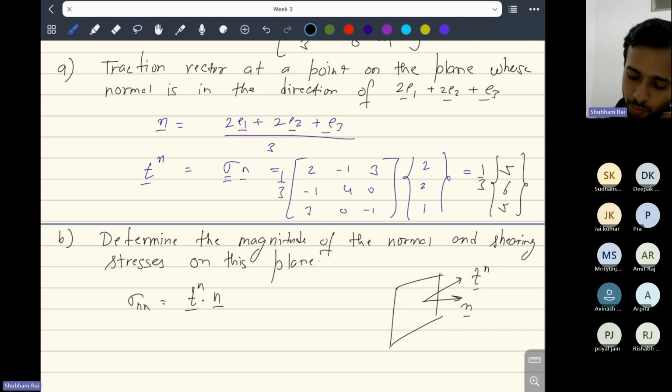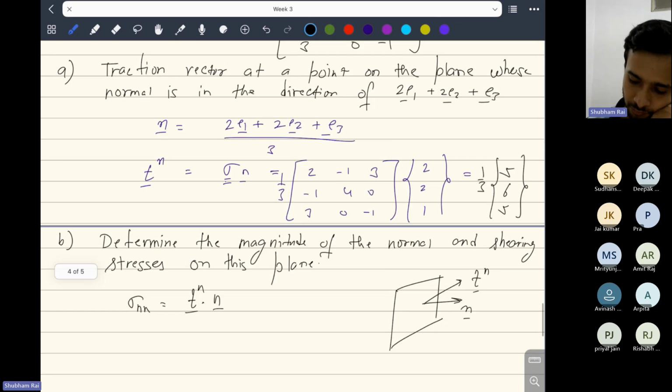Right? If you do the dot product, how much value will you get? So 1 by 3 and 1 by 3 will be 1 by 9, and this will be 5 times 2 is 10, 6 times 3 is 18, so 28 plus 5, so that will be 33. So we get 33 by 9. So I think we get 33. So 5 times 2 is 10, 6 times 2 is 12.